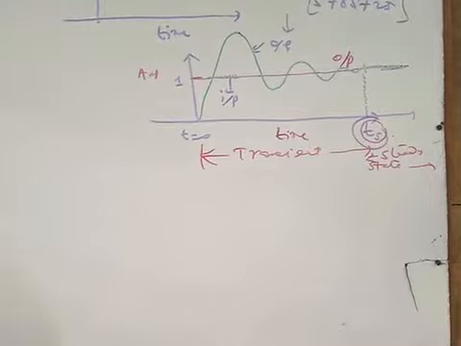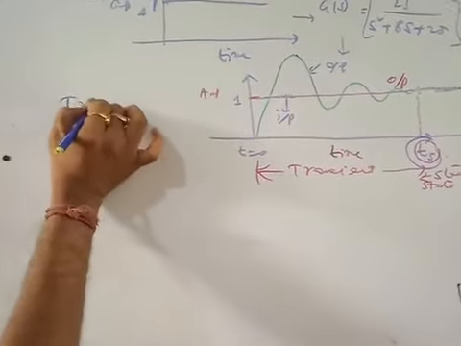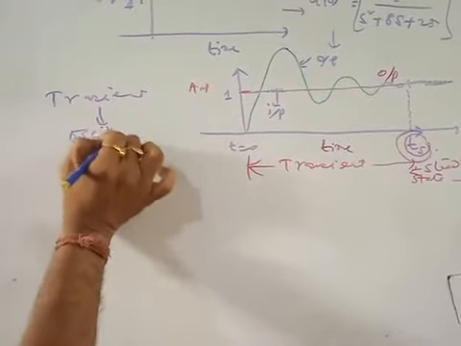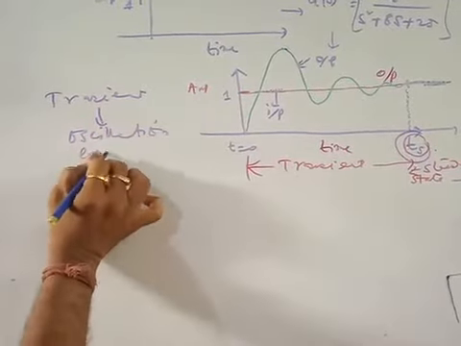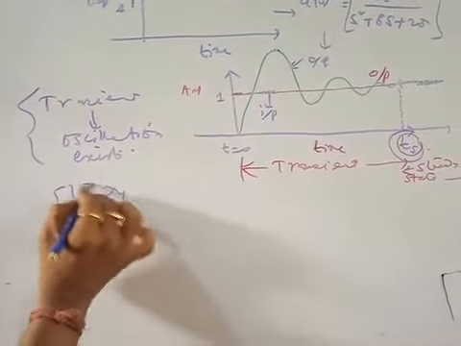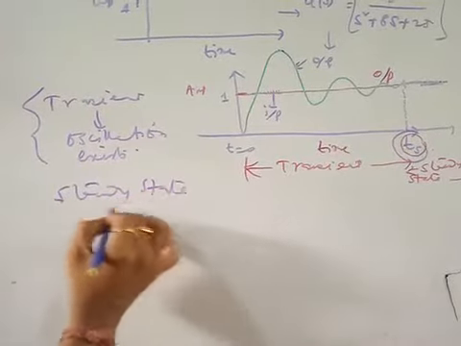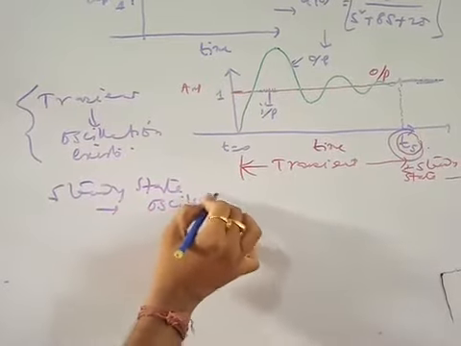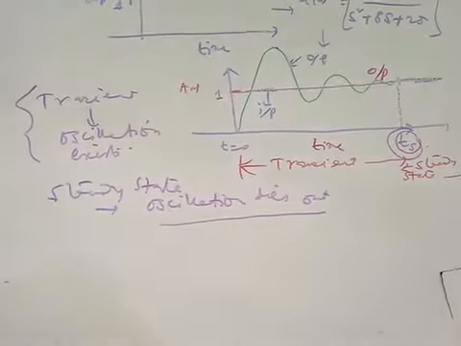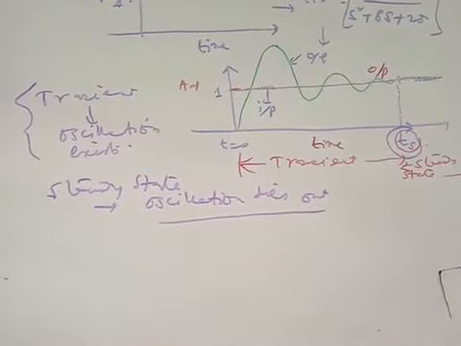Basically, in case of transient, in short I can say oscillation exists, and in case of steady state, oscillation dies out. That is the basic difference between the two regions, transient part and steady state part.